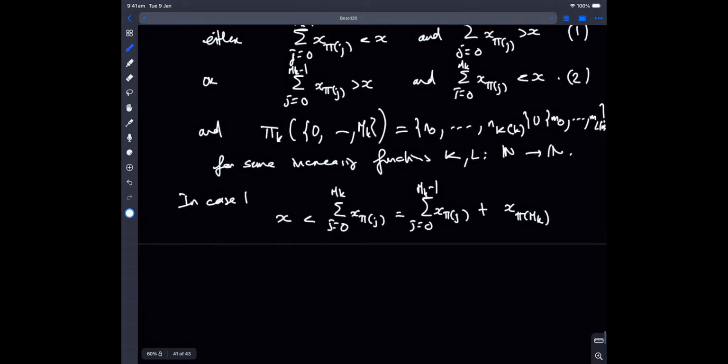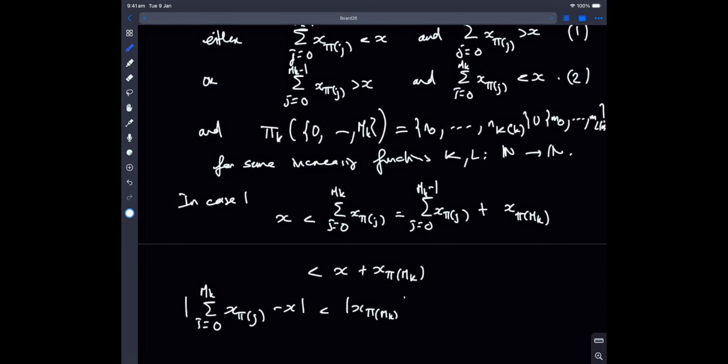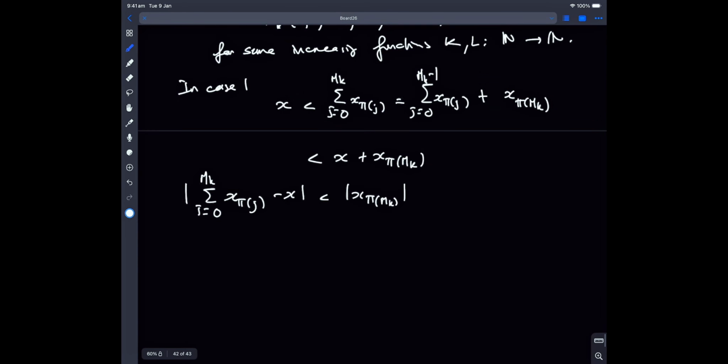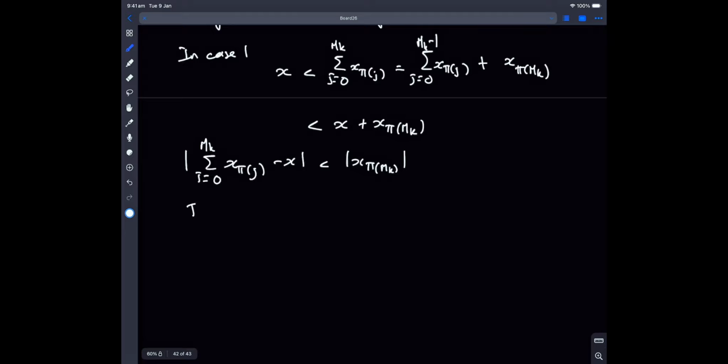But then this is smaller than x plus x of pi of m_k. Therefore, in absolute value, the difference between the sum of x_{pi(j)}, j equals 0 to m_k, and x cannot be larger than the absolute value of x of pi of m_k. That's the triangle inequality. And that's in case 1, but the same holds in case 2 with the same reasoning, except the inequalities are a little different. You get the x plus x of pi of m_k on the left-hand side.